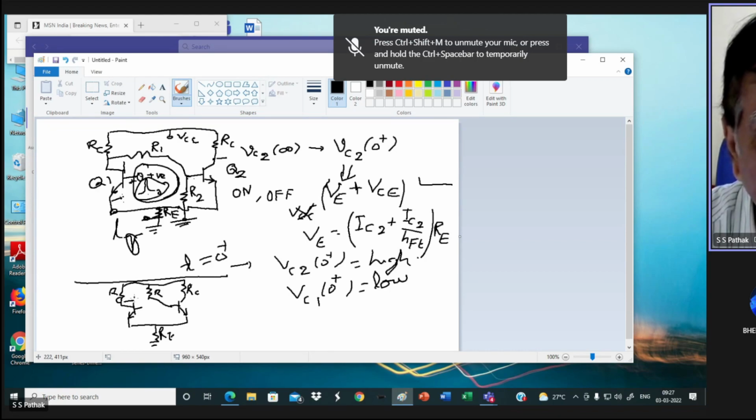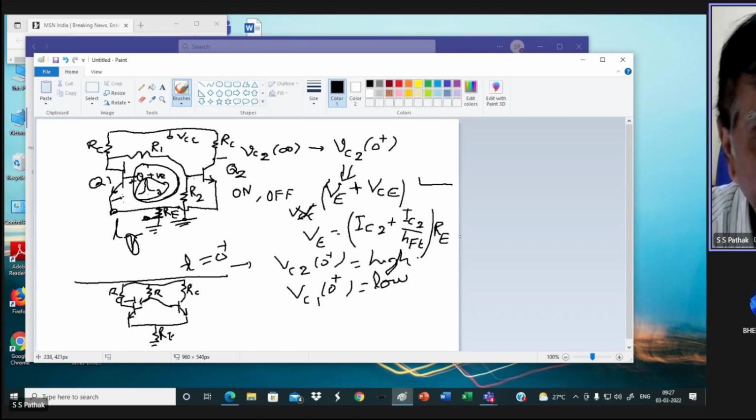There is a capacitor here. And this capacitor is coupling to the base of it as it is. This base is kept open.